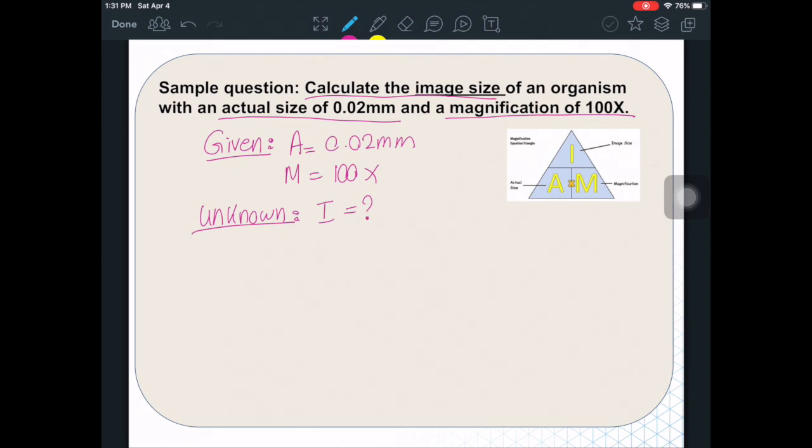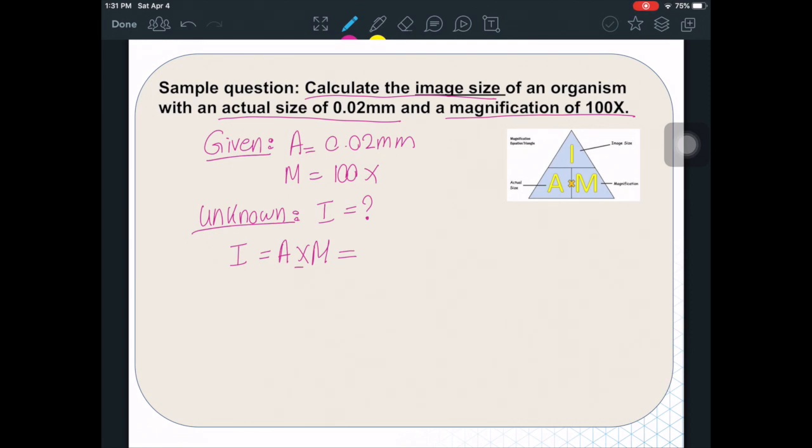So now I need to find which equation I'm going to use. I is on top this time, it's not on the bottom, so I'm not going to be doing any dividing. I equals A times M, okay? Whatever you're looking for is going to be on the other side of the equals, and everything else is what you're actually calculating. So I equals A times M. This is because A and M are next to each other and not on top of each other, so I'm going to do a multiplication.